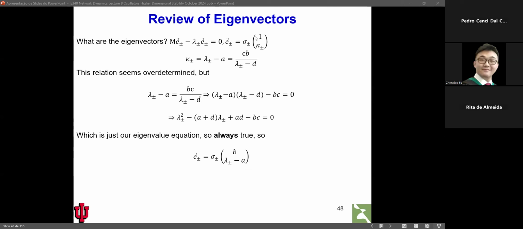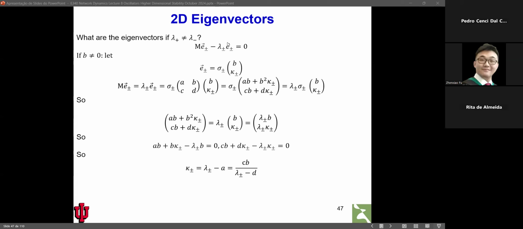Now you have to write this, and there is an over-determination. Review of eigenvectors: you have to solve this equation here. E plus minus will be a normalization factor, and 2 values of B and K plus minus that you can calculate in terms of the components of the matrix.